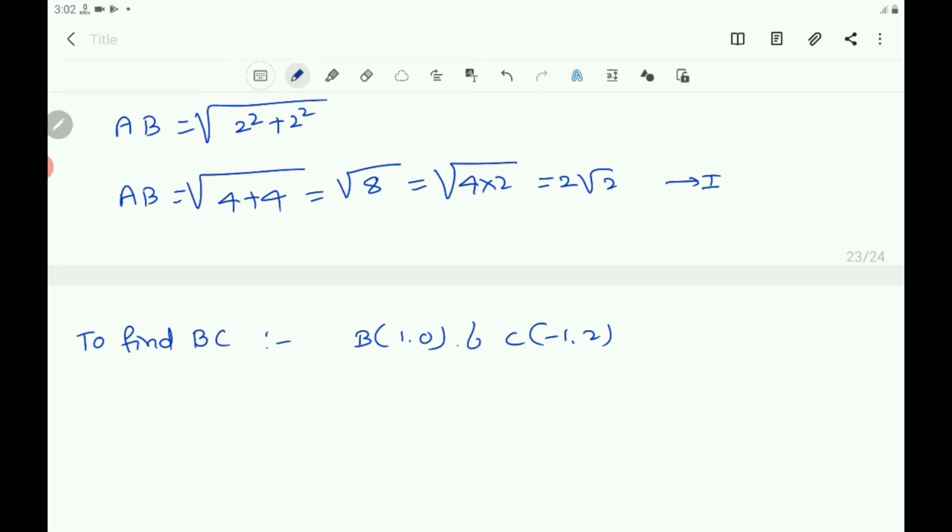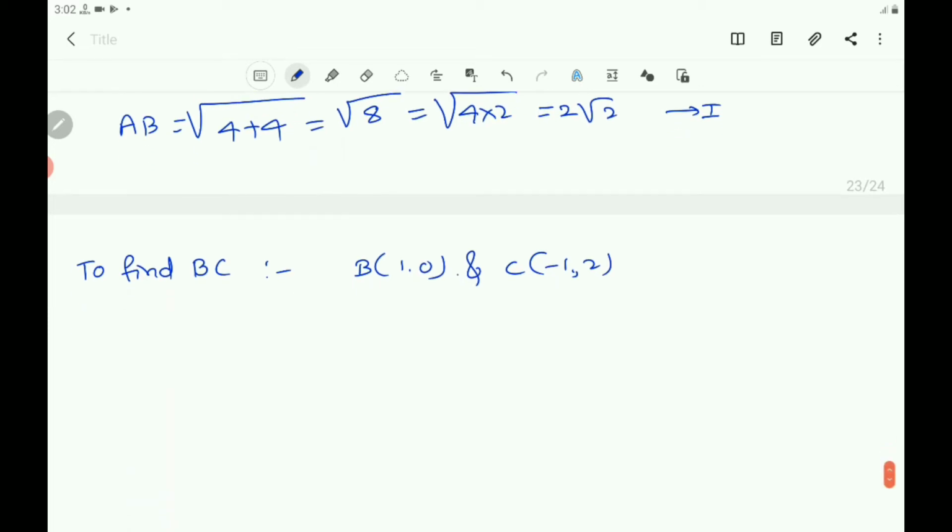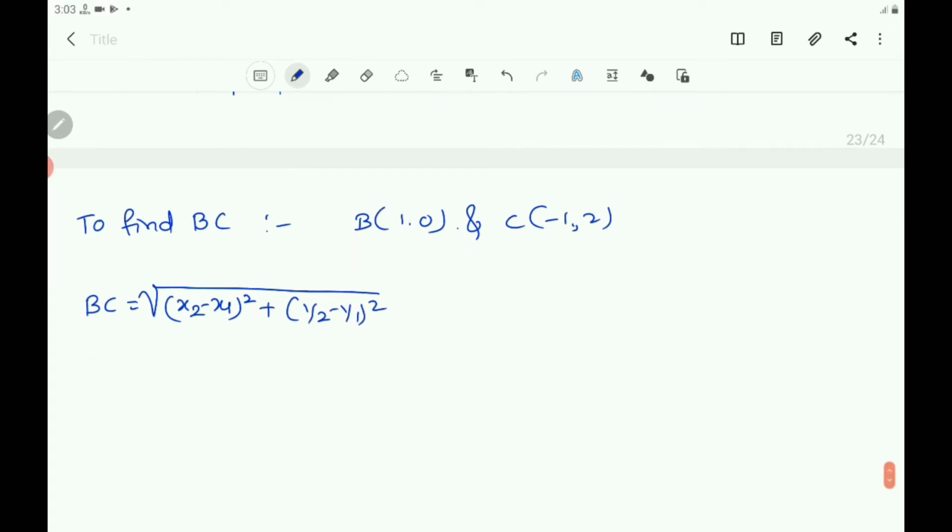B is a point with coordinates 1 and 0. C is a point with coordinates -1, 2. Now to find BC, you write BC equals square root of x2 minus x1 whole square plus y2 minus y1 whole square.